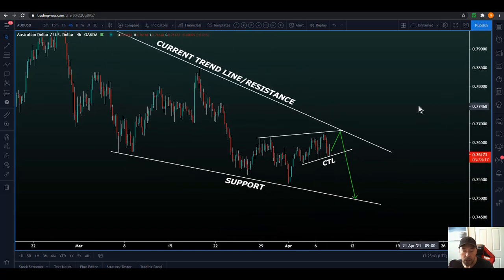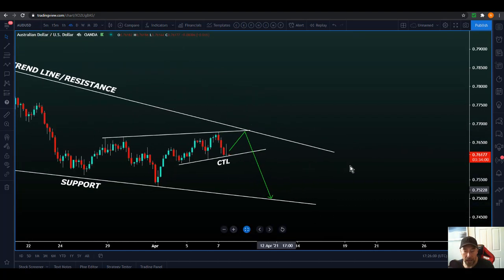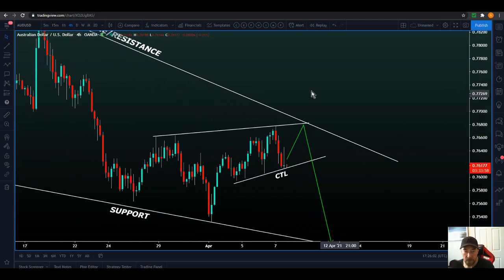So a couple of things we think could happen here. We could have a little push up into the current trend line and the top here, this resistance, and bounce. If we come into that zone, we're going to look for a rejection, something like this. A nice 4-hour rejection candle there would be absolutely ideal.